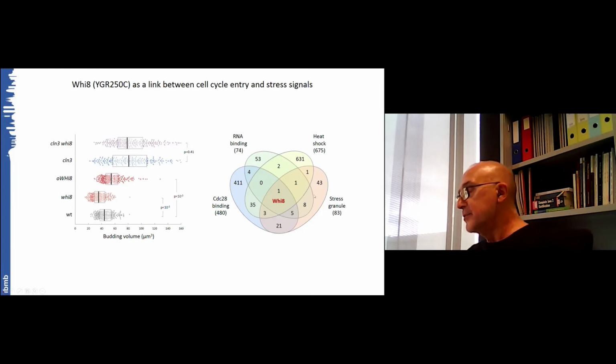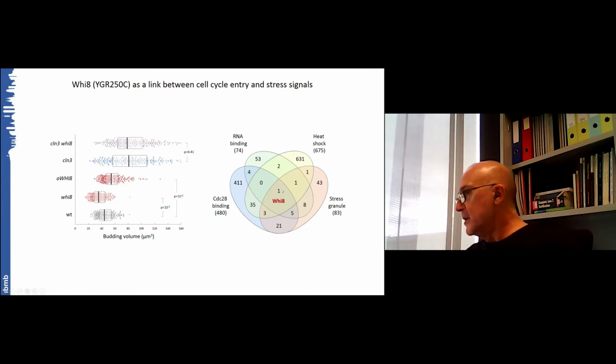Then we compared several protein groups and asked, do they have anything in common? We looked at the proteins that have been characterized as CDC28 physical interactors, proteins that had the ability to bind RNA, proteins that were upregulated by a particular stress, in this case, HA, and proteins that belong to the stress granules.